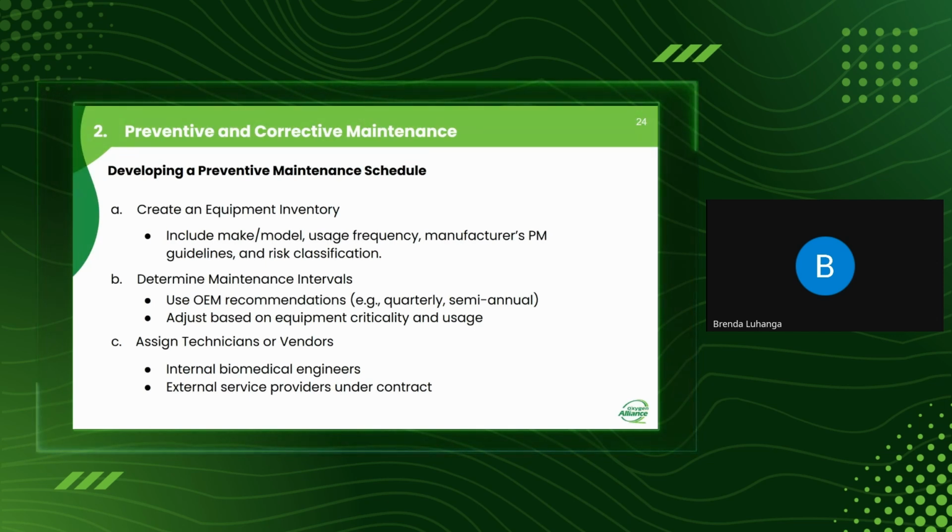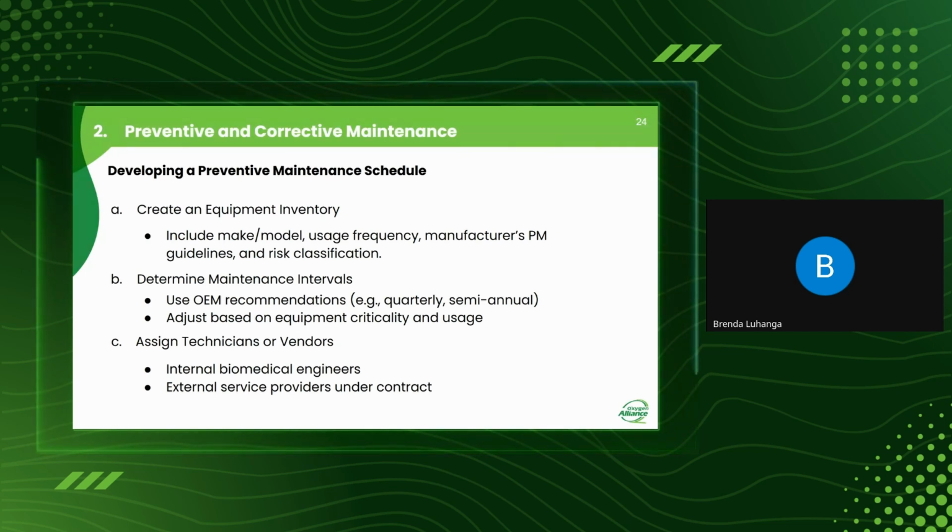Then from there, you can determine the intervals of your maintenance. Based on the equipment criticality, after assessing the needs and criticality of equipment, you can come up with maintenance schedules for every equipment that you have.